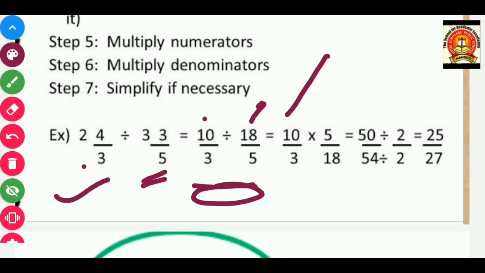And 5 upon 18. Here 10 5s are 50, 18 3s are 54. Now this 50 upon 54 I can reduce because both are divisible by 2. So I am going to divide it by 2. So the final fraction I get is 25 upon 27. As simple as that.